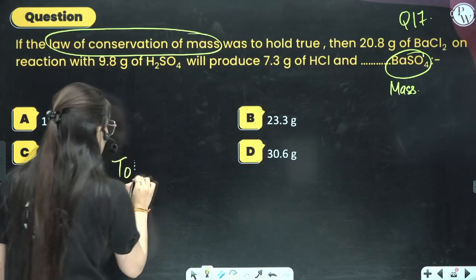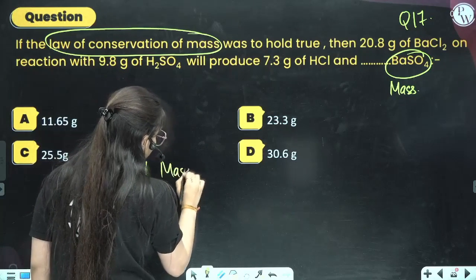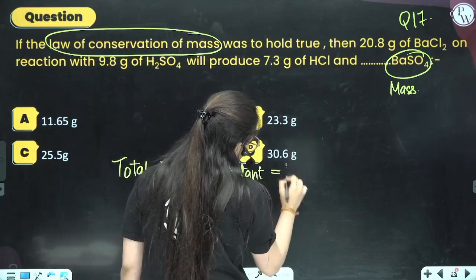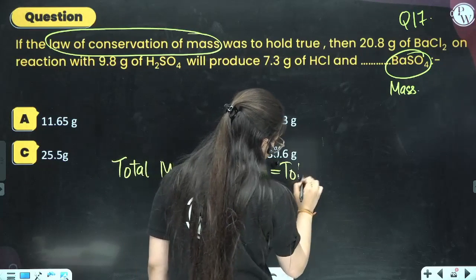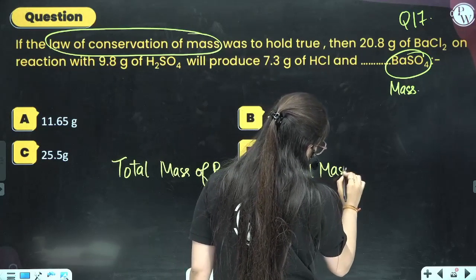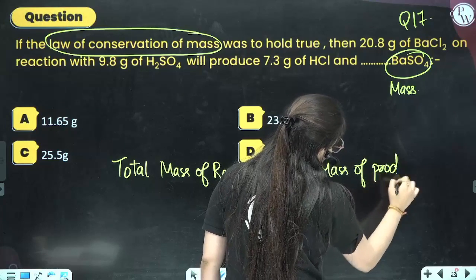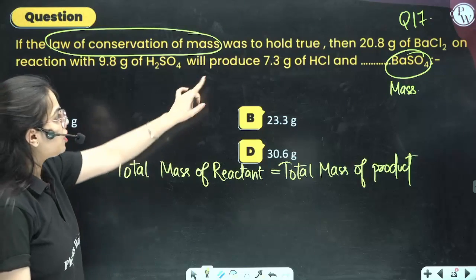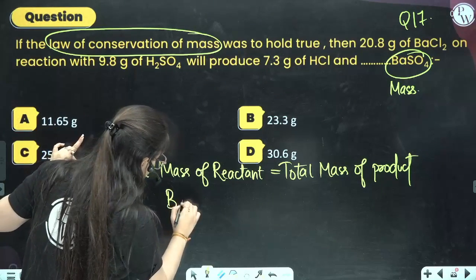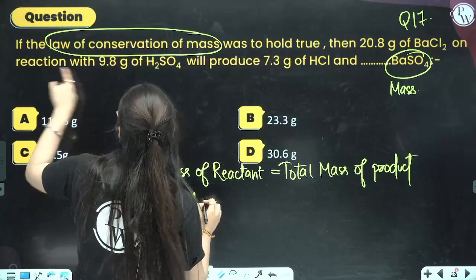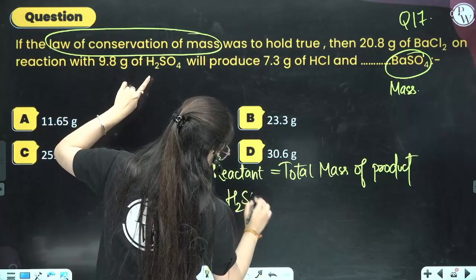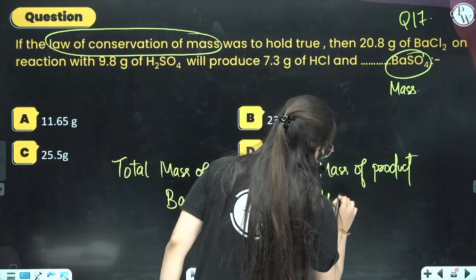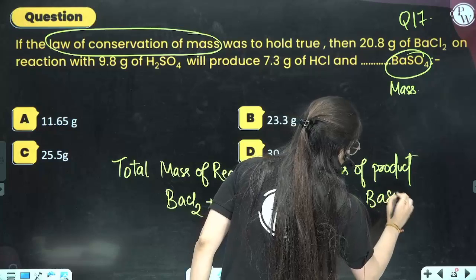It states that the total mass of reactants is equivalent to the total mass of the products. So let us write the reaction first of all. BaCl2 on reaction with H2SO4 is producing HCl and BaSO4.